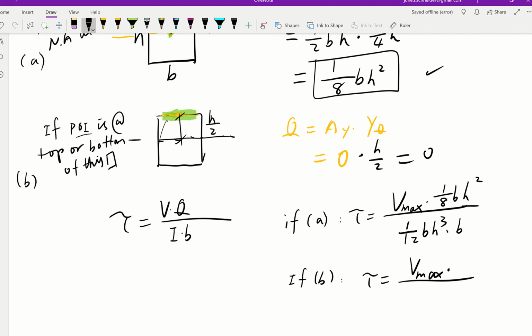For example, you get a rectangle, and at the rectangle, different points are going to have a different shear stress. If that point is at the edge, we know that Q is equal to 0. Put 0 in there, and then you can still put moment of inertia and B, all those here, and you realize what's going to happen. Your shear is equal to 0.